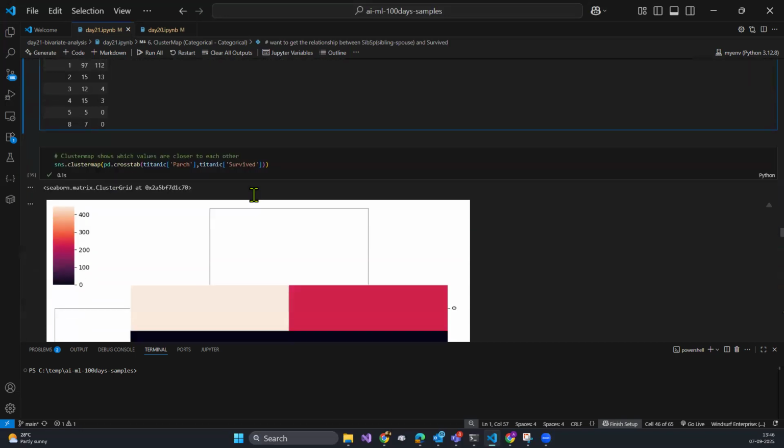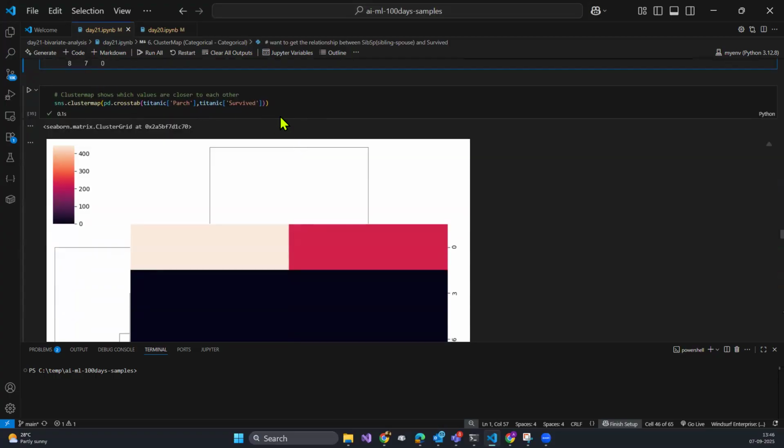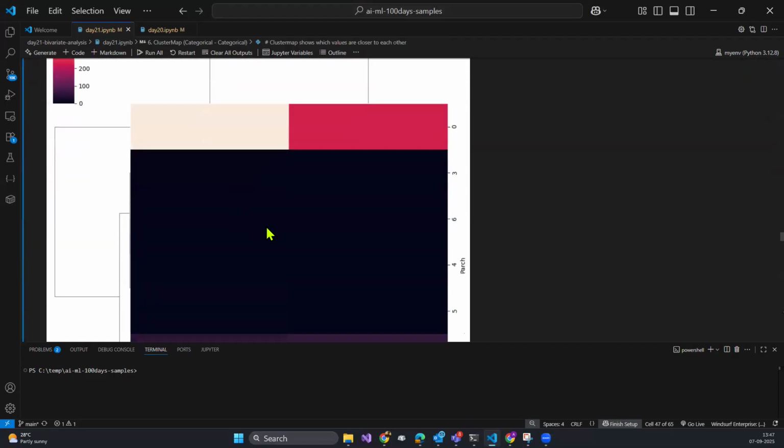So here we will draw the cluster map. It shows which values are closer to each other. Here we have parch and survived, and between these two we draw this cluster map.